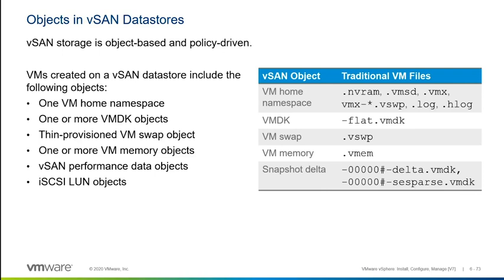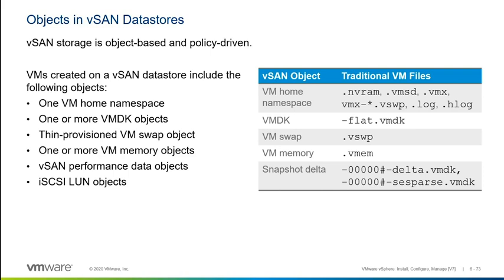The vSAN home namespace object is comprised of what we would normally think of as our NVRAM, our VMSD, our VMX, our VMX swap file, and our log files. It's also the virtual machine's folder itself, which is an object on the vSAN data store.